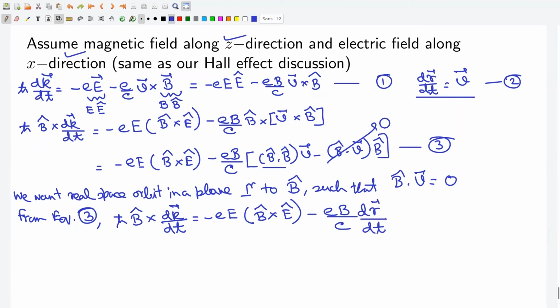Since r is a vector lying in a plane perpendicular to B, I just write a small subscript perpendicular.